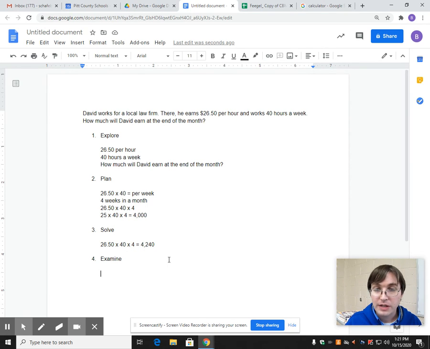And when I multiplied the actual numbers together, I found that he made $4,240. That lines up really well with the estimate. It's even perfect because it's a little bit higher, which is what you'd expect, because I was multiplying about $1.50 more. So I examine it, and does this make sense? Yes, it makes sense, because the answer is close to the estimate.